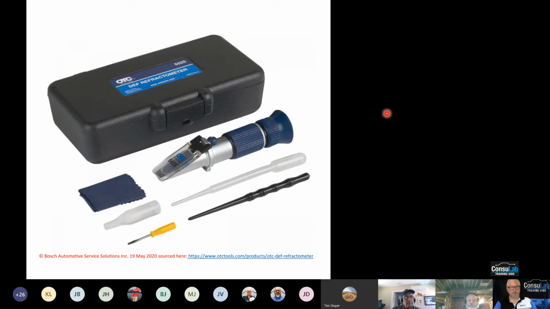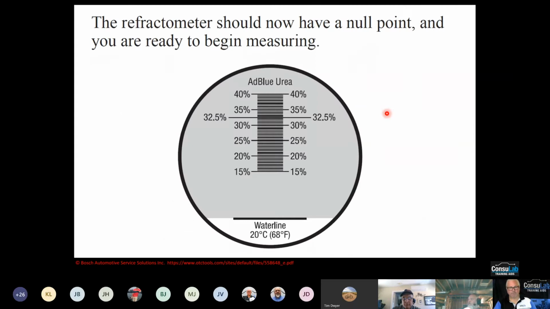So let me go through a little bit about this refractometer. It needs to have a null point or a calibration point. So there is what it looks like through the screen with water. Also on this is called the reticle. Also on the reticle is a 32.5% line.